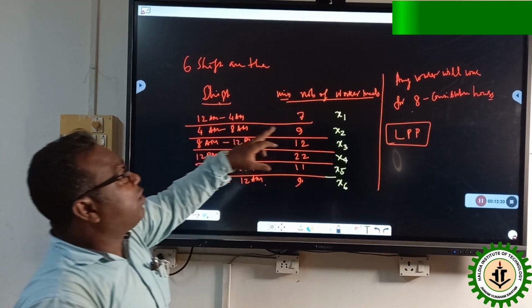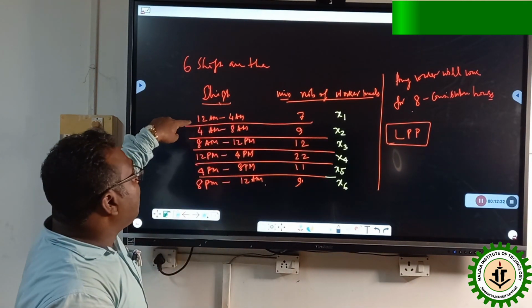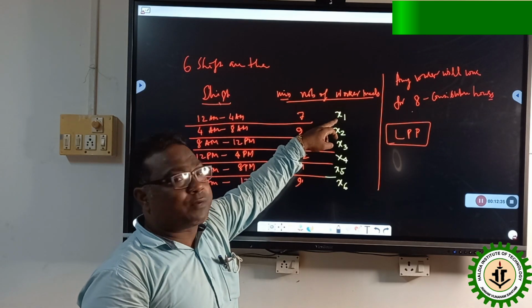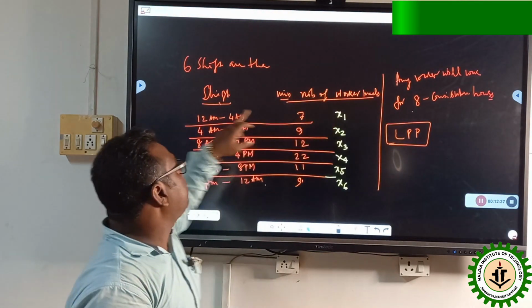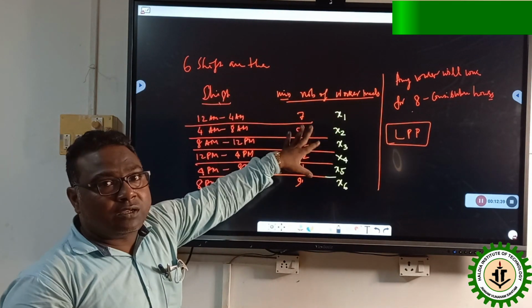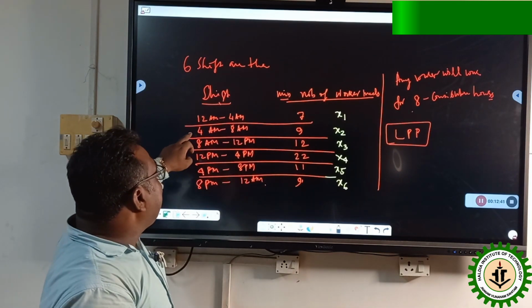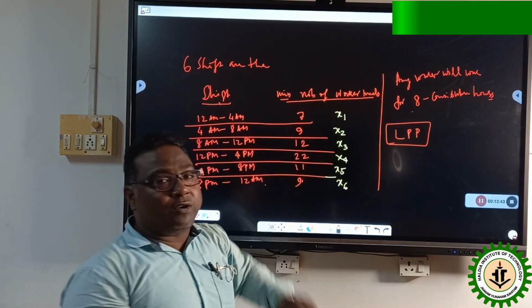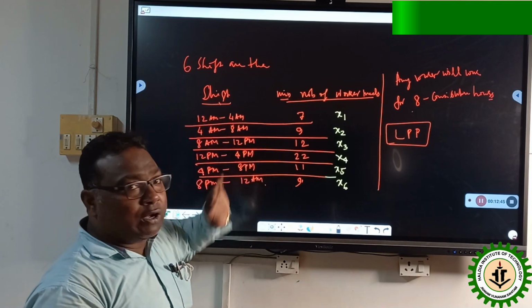So these are the numbers of persons. At 12 a.m., x1 workers enter the system. At 4 a.m., x2 workers enter to do the work.